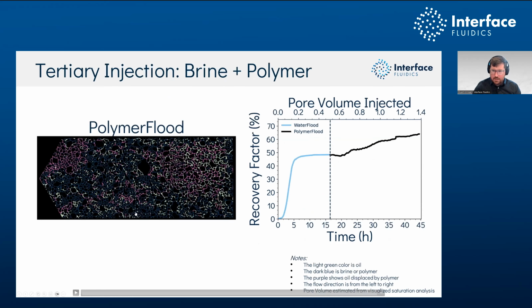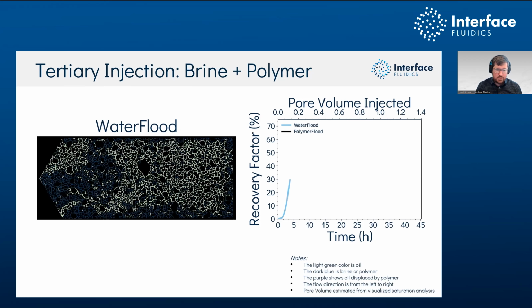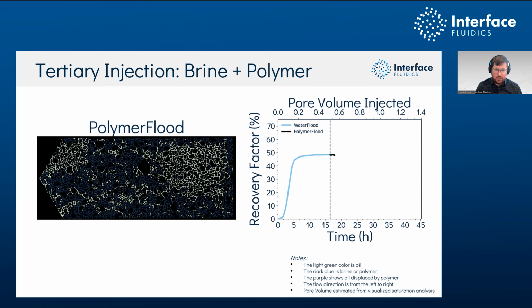And then, as I said before, we wanted to be able to compare a water flooded system to a polymer flooded system. So again, we performed that water flood, and then followed it with a slug of polymer. And this is where you get some really unique insights from the microfluidics, because the ability to see new production and new displacement really is unique.